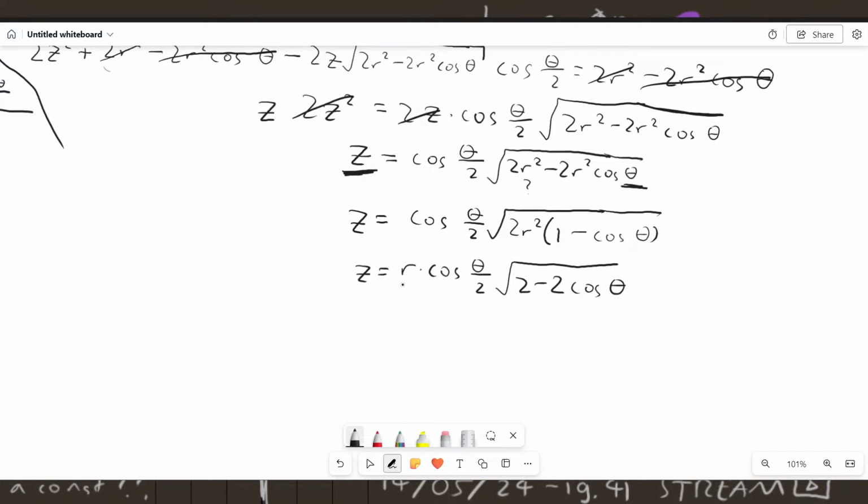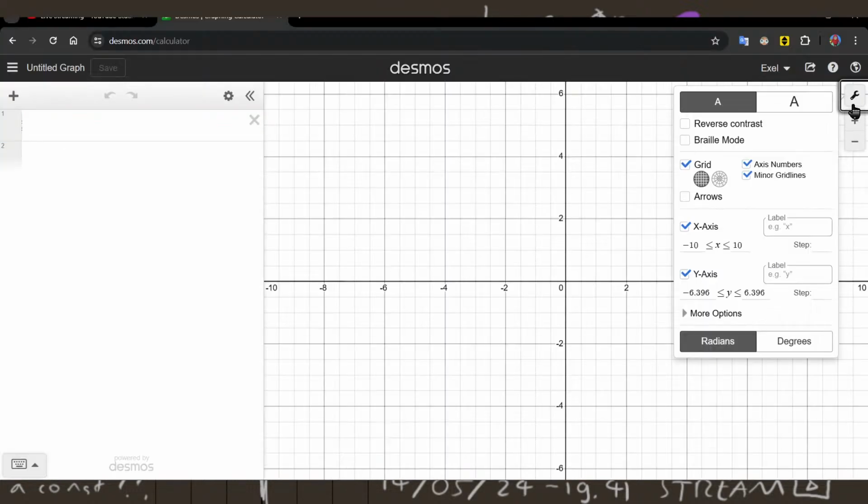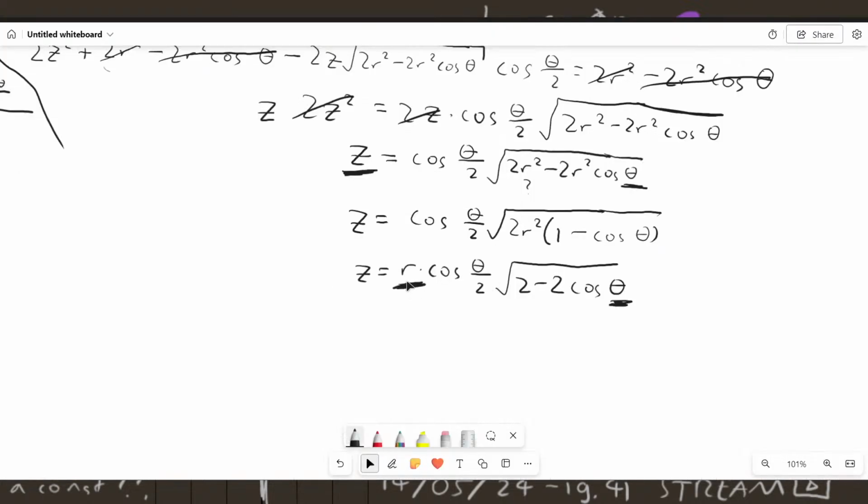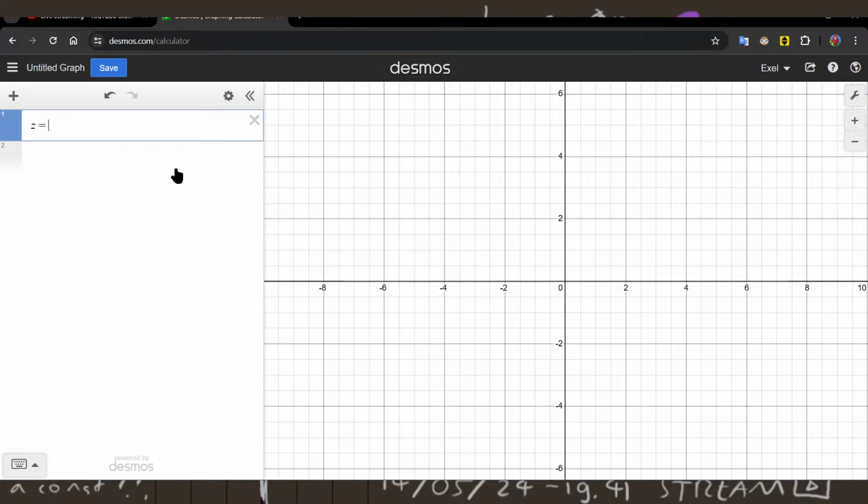So we need to find the r. So let's say r is the one known, and the angle is the one known. So let's make r the x and theta as the y. First, I'm gonna make this degrees. Let's make the z something like 1 first.